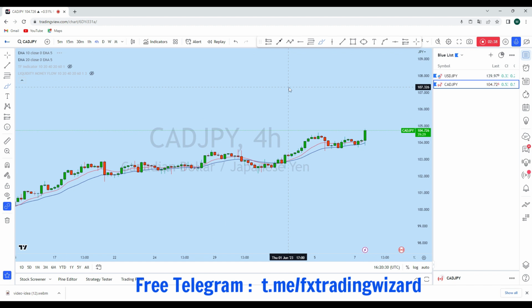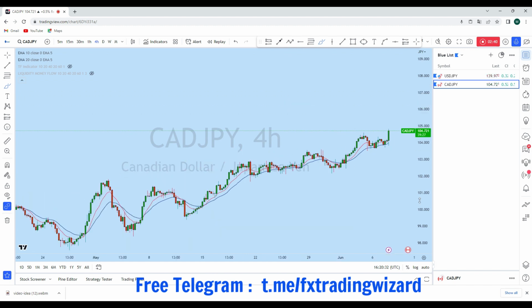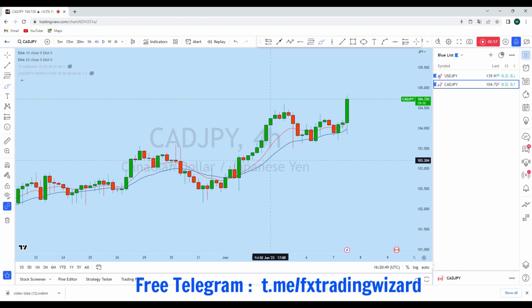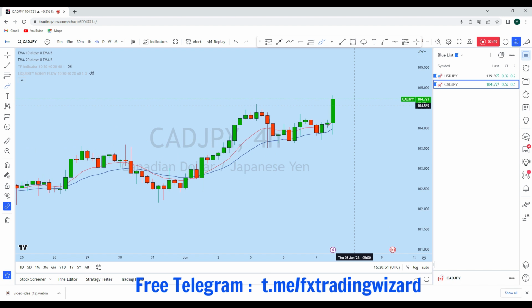Now if we look at a lower time frame, the intraday, we can see that CADJPY has crossed this 20 EMA multiple times and is now closing above it as a bullish candle. According to our TF strategy, CADJPY is showing a potential bullish trading opportunity along this zone.